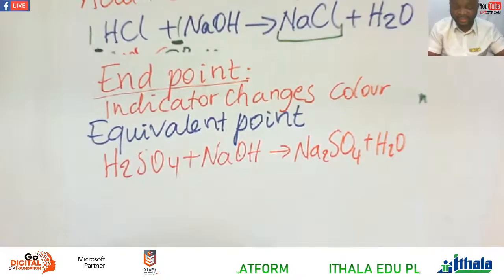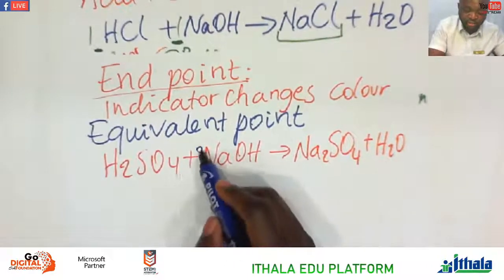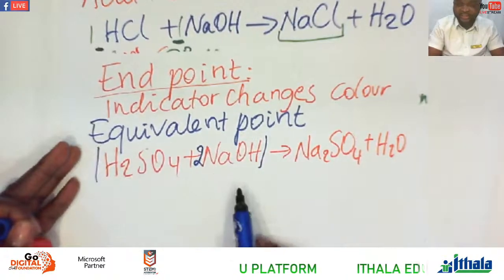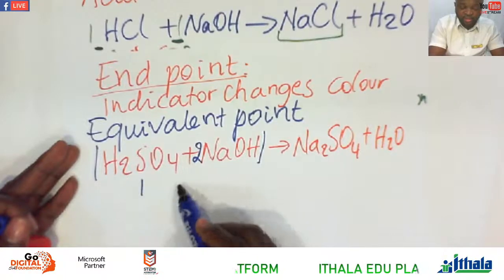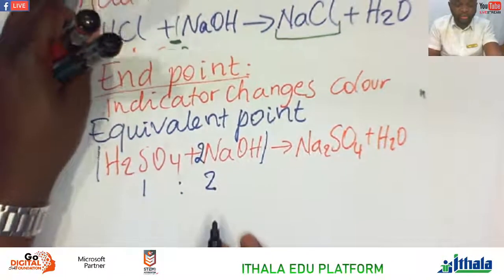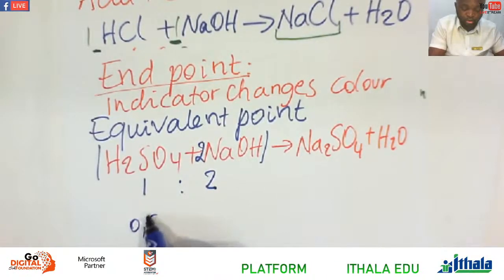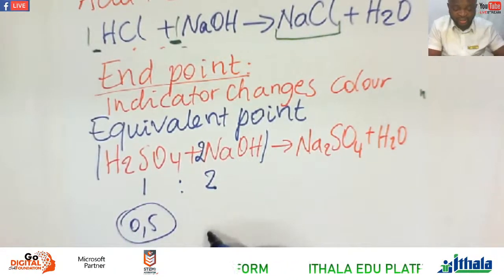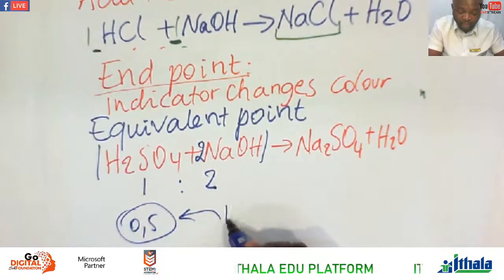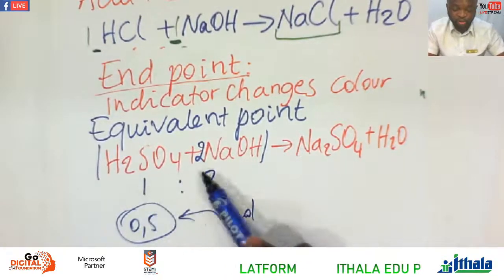Then we must balance the equation. We have sodium on the product side, so we put a 2, right? Looking at the reactant side, the ratio is 1:2. So if in the container we put 0.5 moles of H2SO4, neutralization will only happen when we add 1 mole of sodium hydroxide, because the ratio is 1:2.